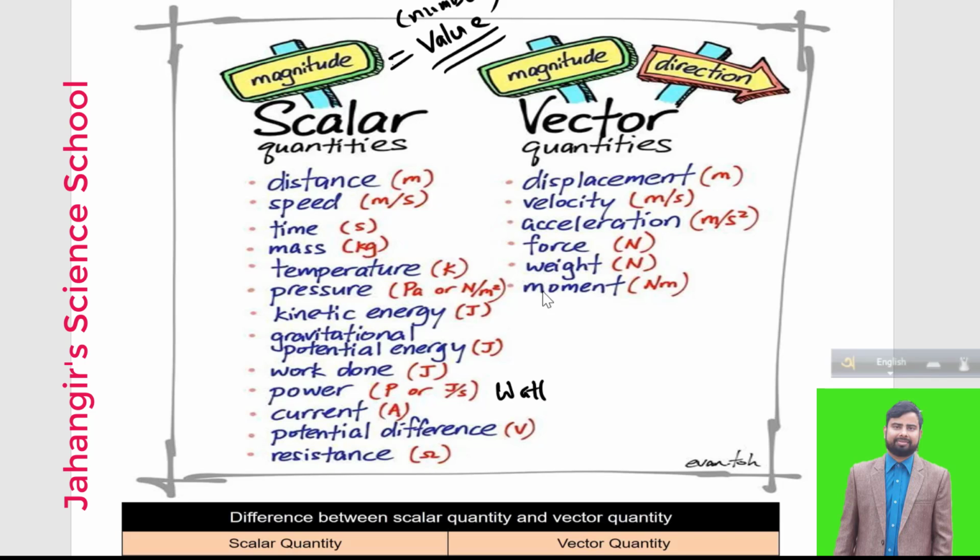On the other hand, vector quantities: displacement, velocity, acceleration, force, weight, momentum, also a vector quantity, unit kg meter per second. So remember, this is very important.